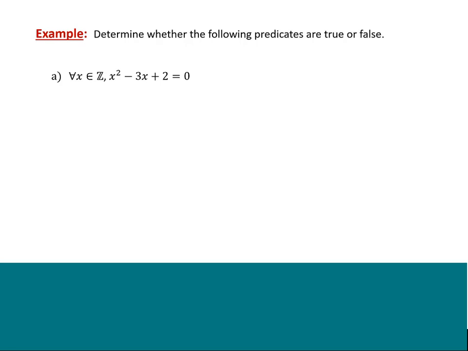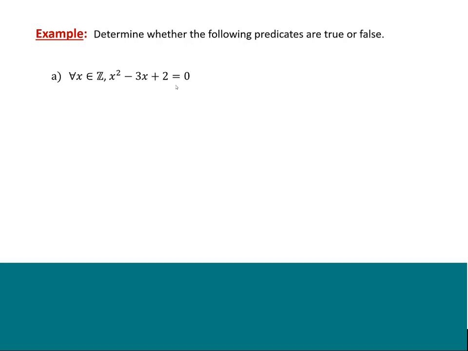In order for it to be a true statement, you have to be able to run every single possible integer out there, plug in that integer for x, and always get back 0. Can you find an example of an integer that you could plug into this equation where the equals isn't correct? Anybody spot an x value that would make that false, in other words?